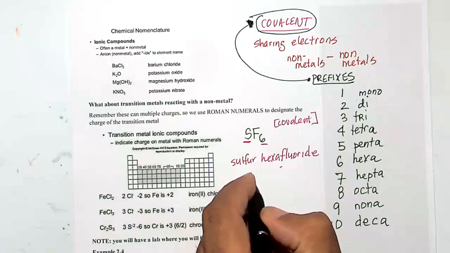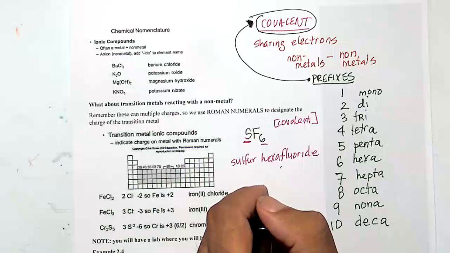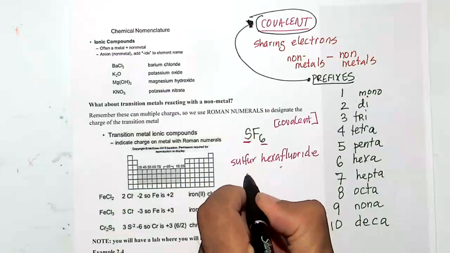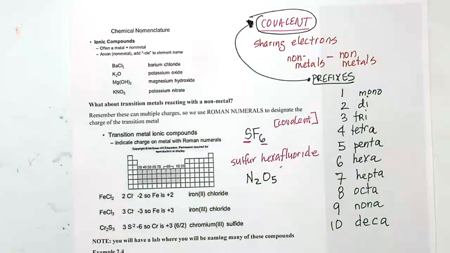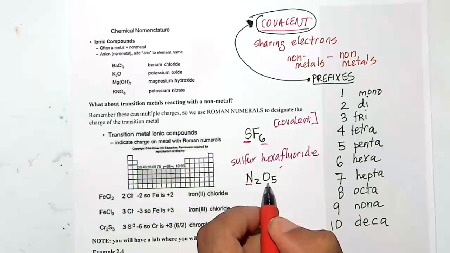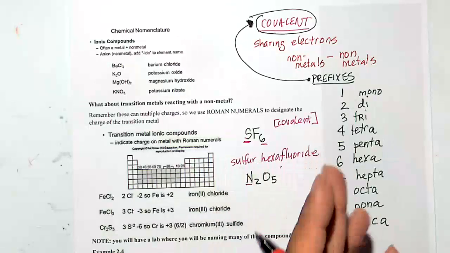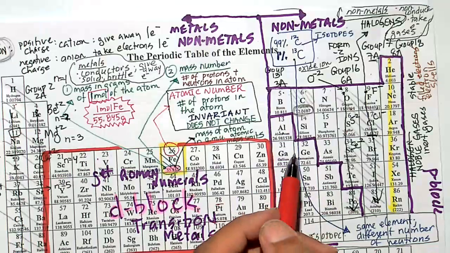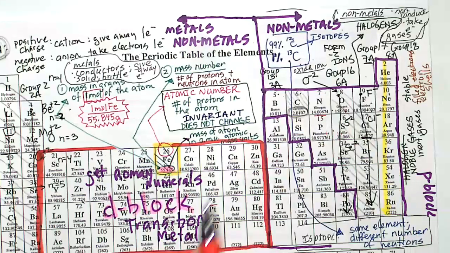How about this one? Is this ionic or covalent? We have nitrogen, which is non-metallic. It's on that side of the periodic table. If it's on this side of the staircase, it's a nonmetal.